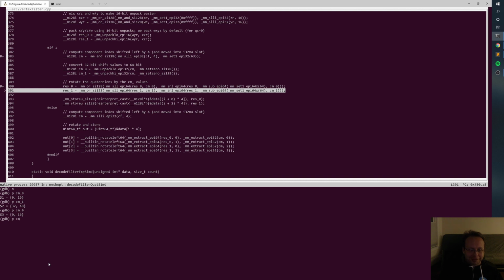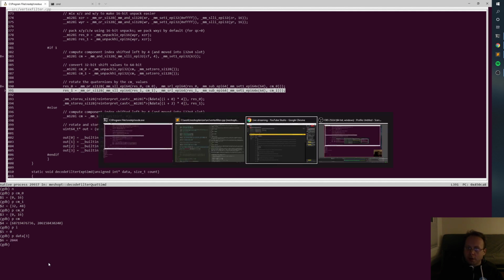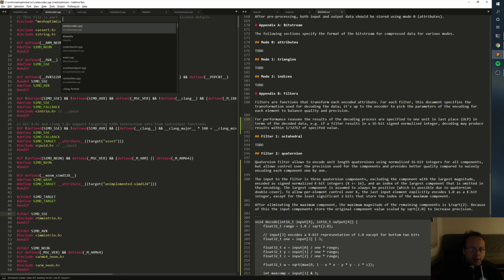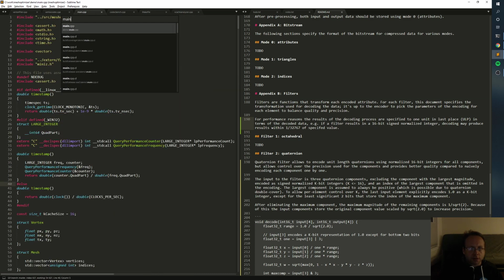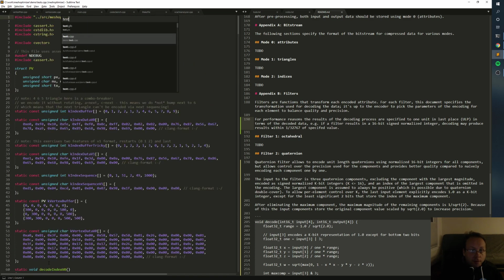What? Oh, I guess it shows 264-bit values. Interesting. Okay. So, let me look at my unit tests, because it's gonna be faster probably.